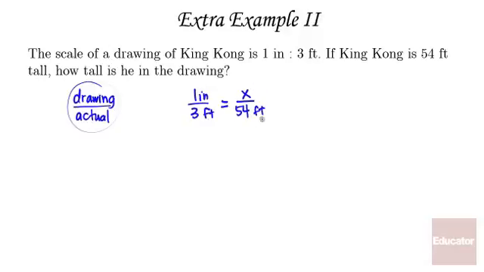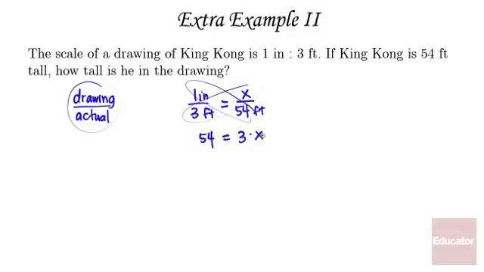So again, I can use cross products. 1 times 54 is 54 equals 3 times x. And you can just write that as 3x, okay, as long as you know that that represents 3 times x.